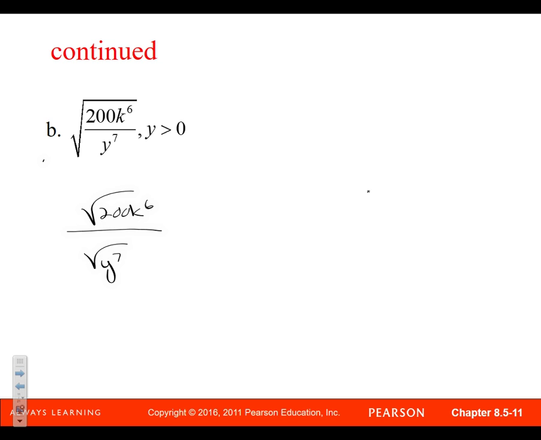But I would have one y left over. So instead of multiplying over here by y to the 7th again, I'm only going to multiply by the square root of y. Just one y. Can anyone think of the reason for that? Does 3y stay down there still?